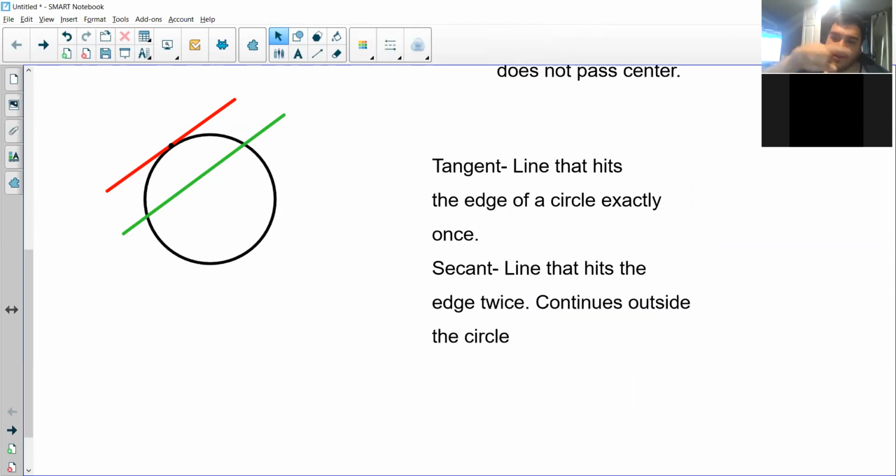A chord does hit the circle twice at the edges, but a secant continues on, so it goes outside the circle, okay? So these are lines that deal with outside the circle. The lines previously dealt with lines inside the circle.